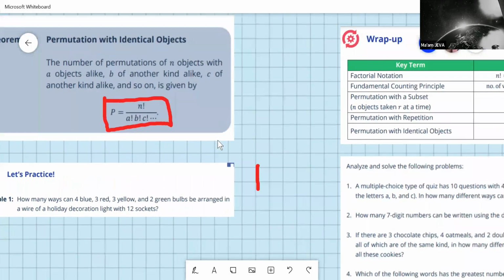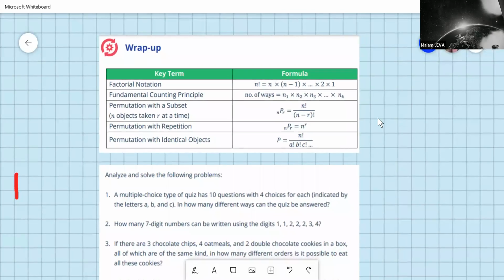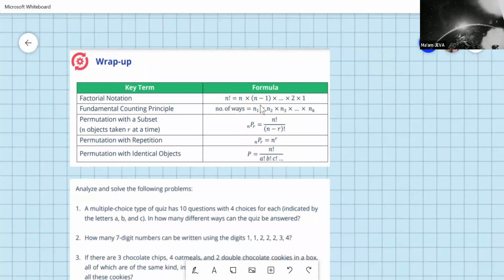So let's have the summary of all the terms and formulas. This can also be found in your study guide at the very last part, in the wrap-up portion. So, factorial notation. This is the formula. Where do you use factorial notation?